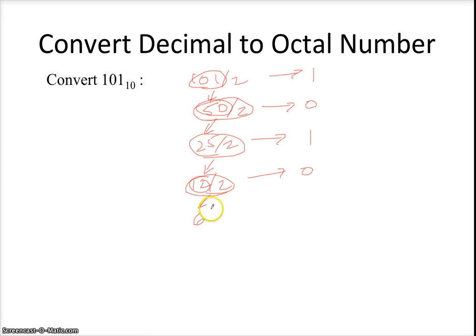Then 6 divided by 2 gives me a remainder of 0.